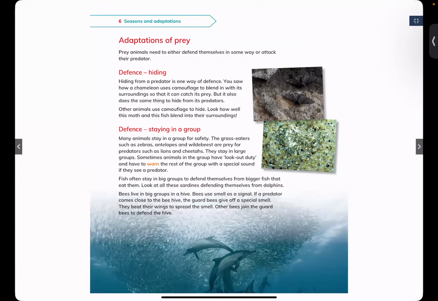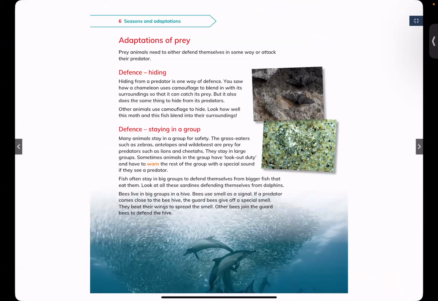Now, we will discuss the adaptation of prey. Number one is defense. Defense means to protect themselves, they will prefer to hide. So even if they're out hunting, they are always restricted to areas where they have their hiding space or burrow. They're not going to leave that vicinity and go far away, because if they inspect any danger, all that they have to do is hide in the burrow.